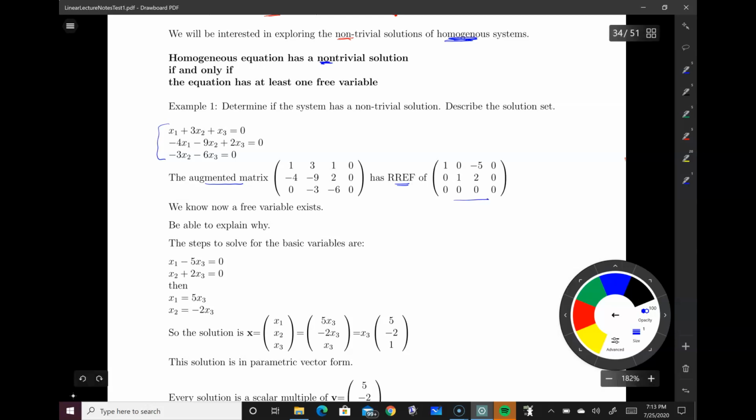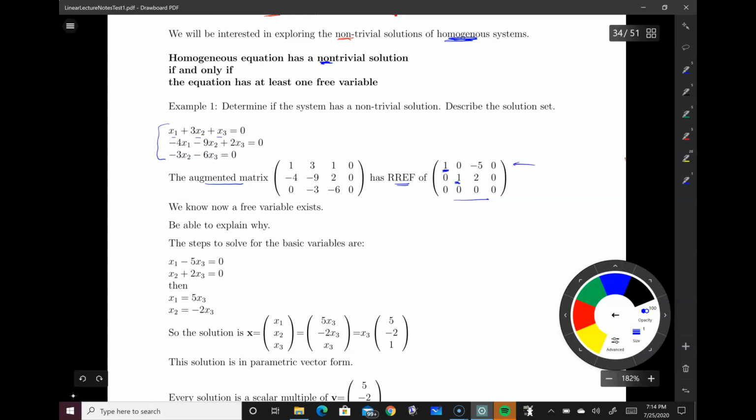I get to here. Now we know, because I have three variables, x1, x2, x3, and only two pivot positions, that one of them has got to be a free variable. So I solve for these basic variables.